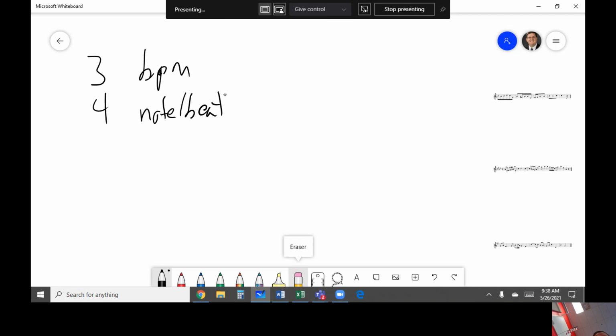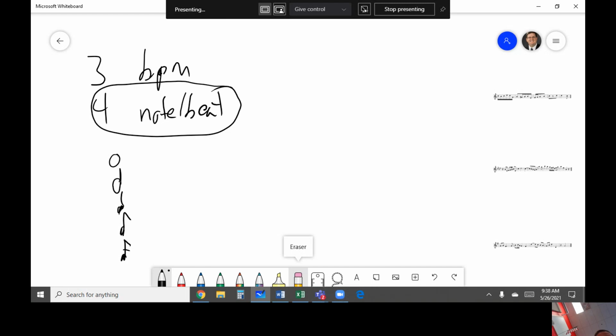But basically, what we mean by the note per beat is that if you think of this as the denominator of a fraction, it corresponds to one of the common types of notes that we have. The common rhythmic durations are whole note, half note, quarter note, eighth note, and 16th note.